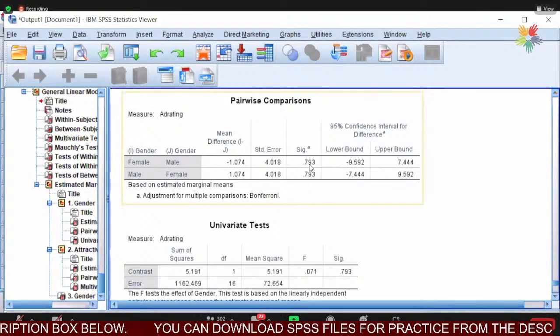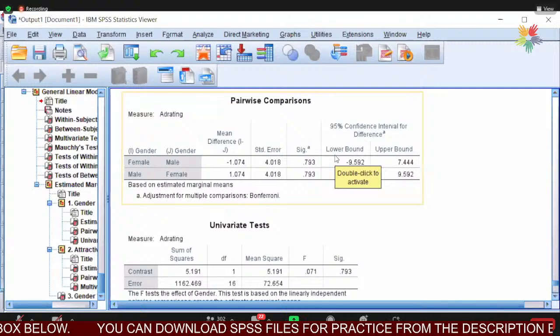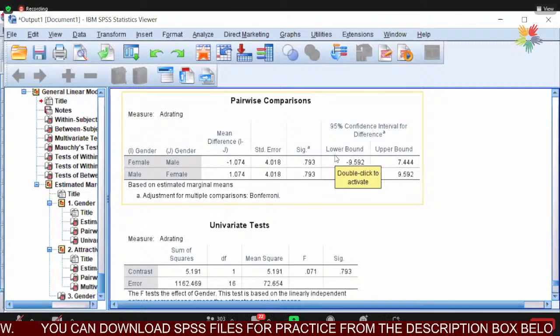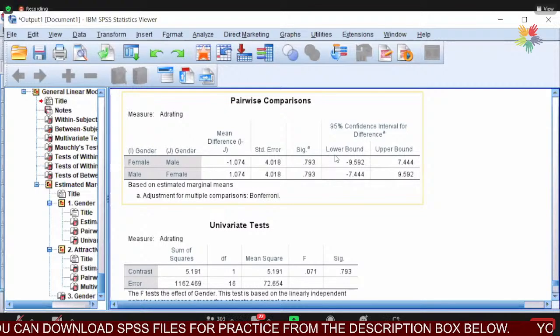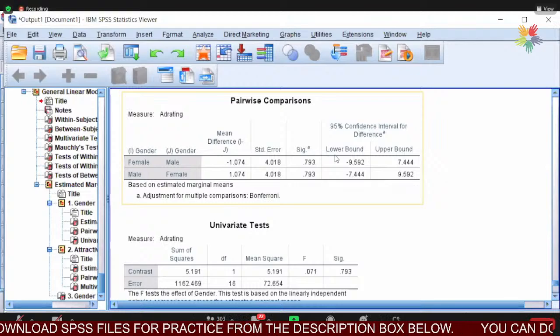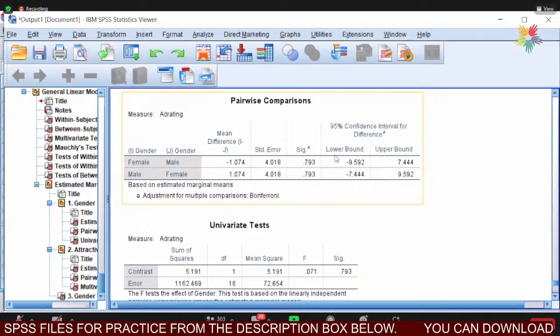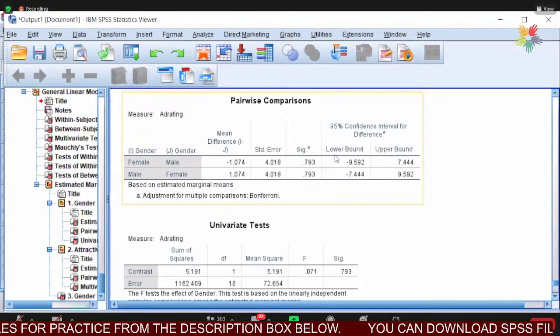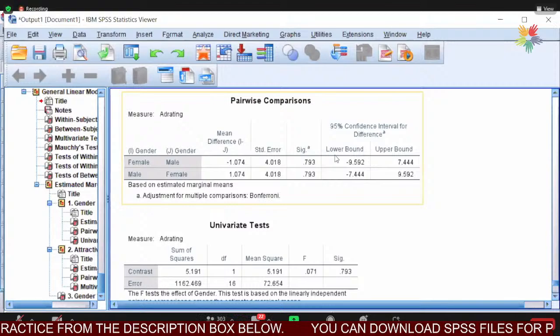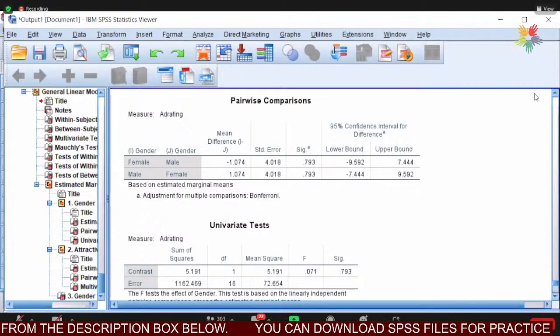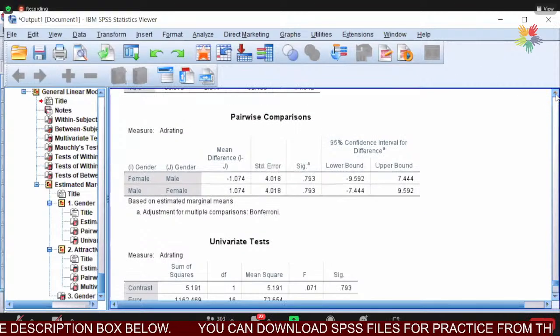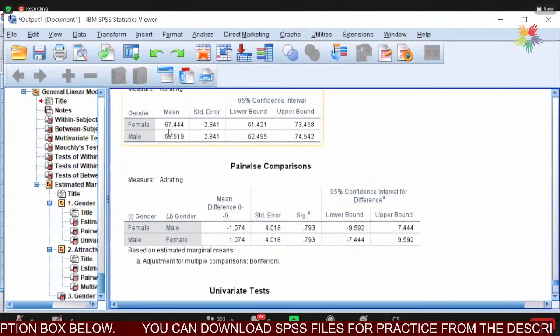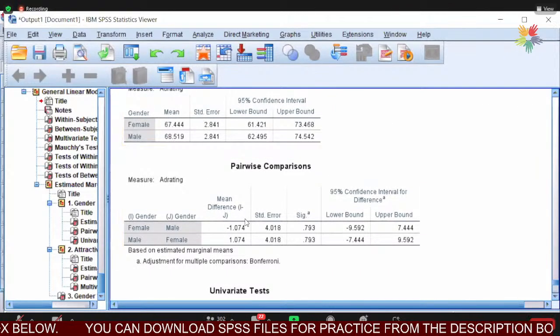So for the overall mean score, 67, 68, there is no difference.